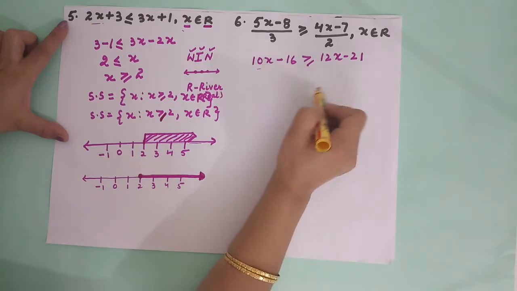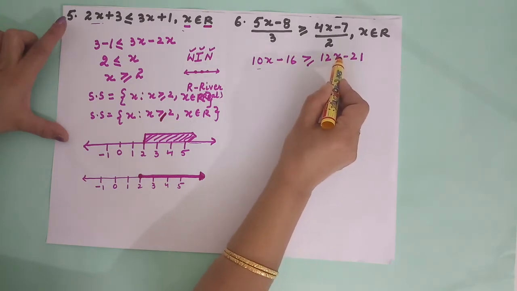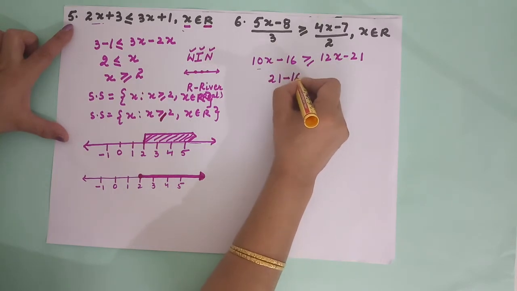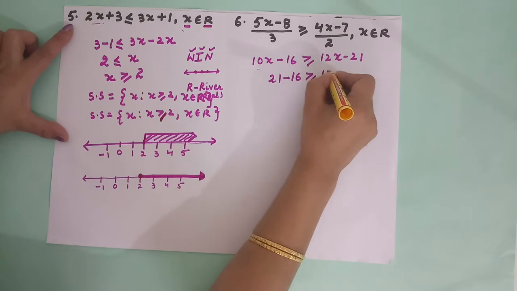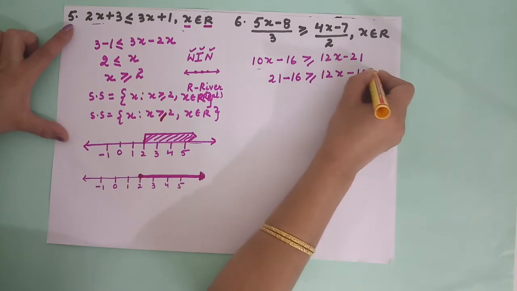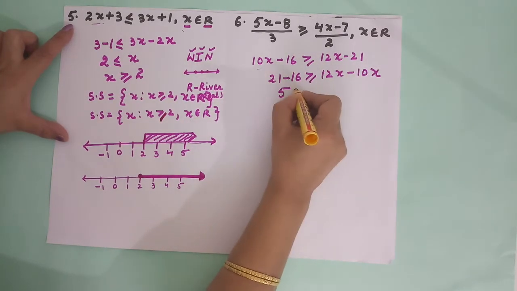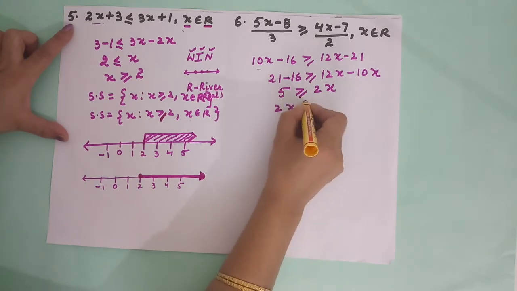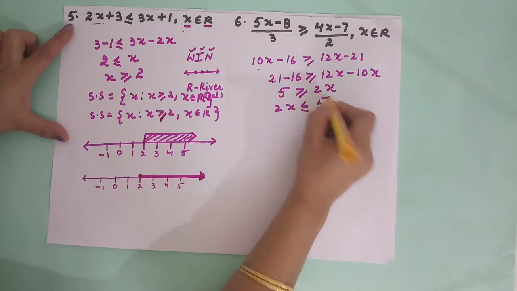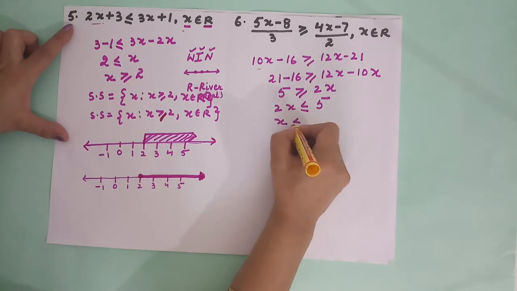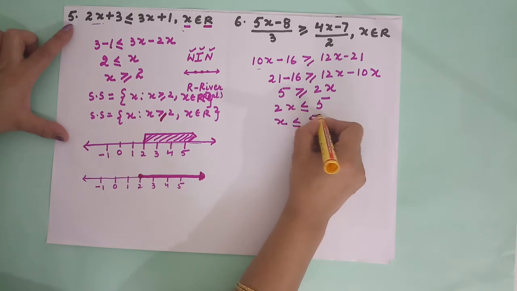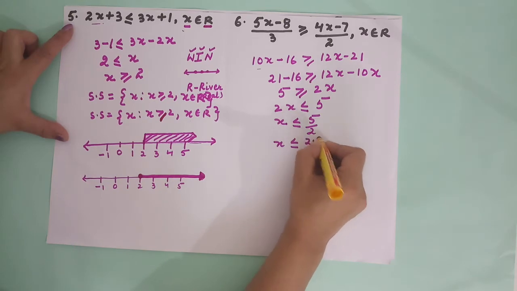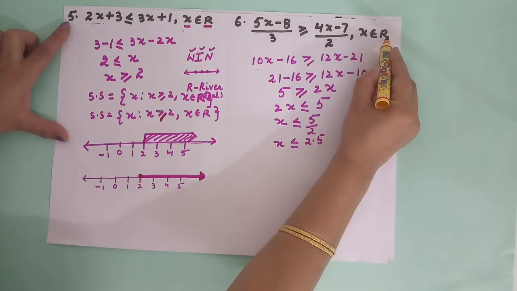We will shift the smaller one to the side of the greater one and shift this 21 here. 21 minus 16 is greater or equal to 12x minus 10x. So this becomes 5 is greater or equal to 2x. Does that mean 2x is less or equal to 5? Does that mean x is less or equal to 5 by 2? Does that mean x is less or equal to 2.5 and x belongs to R?